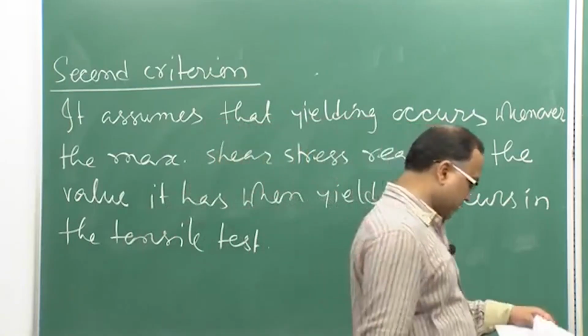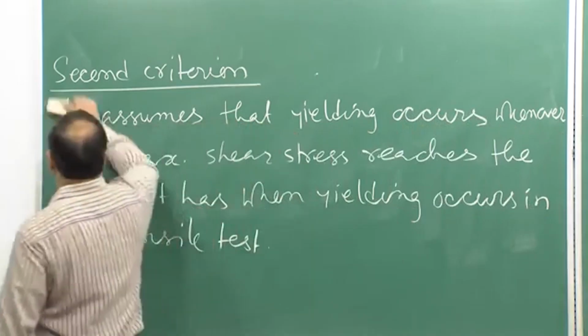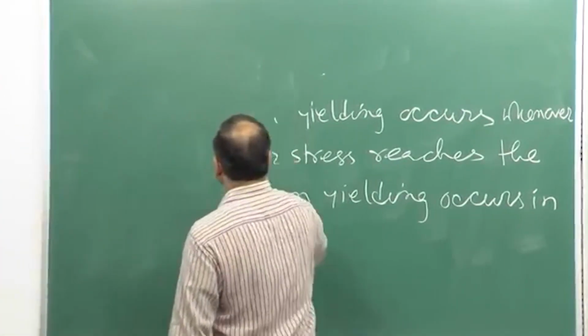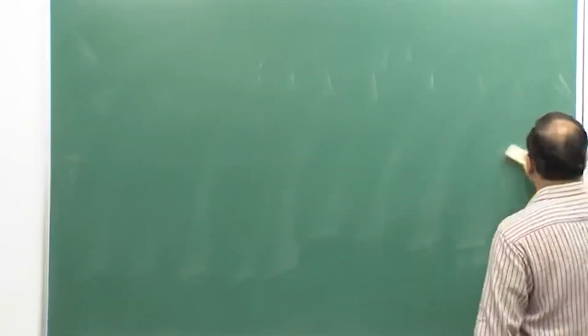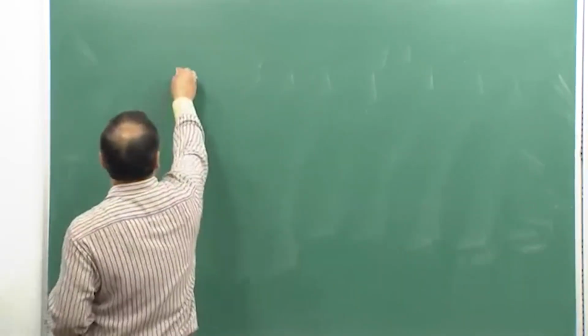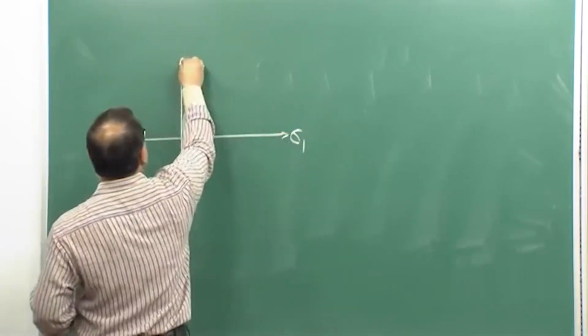Okay. So, if you try to plot this Tresca criterion in the sigma 1 sigma 2 plane, like whatever you have done for von Mises, then this is sigma 1, this is sigma 2.